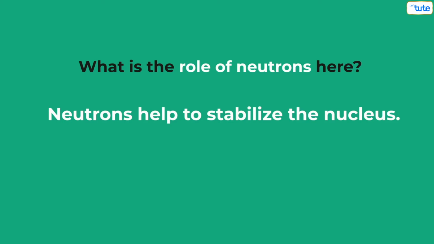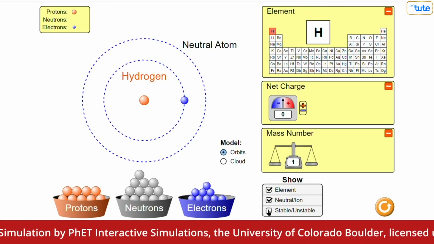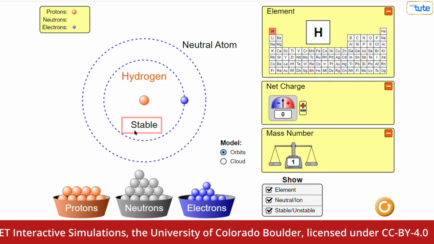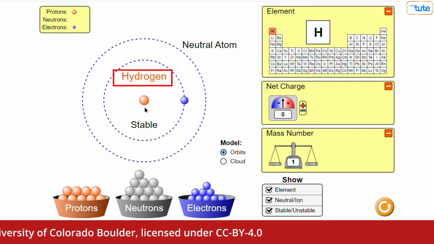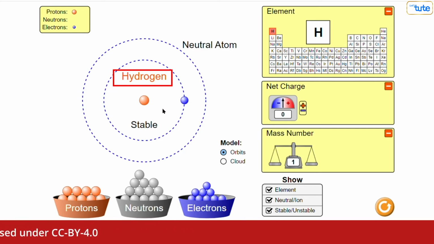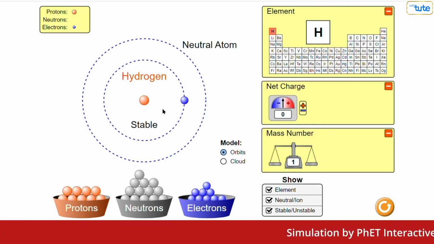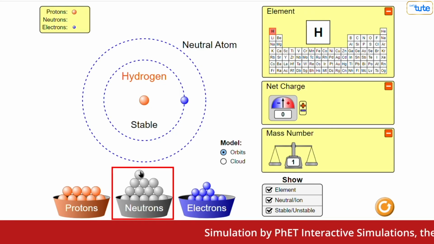Neutrons help to stabilize the nucleus. Since the nucleus in this case is stable, so hydrogen need not include neutrons. Only hydrogen is an exception, where the neutron is not required in the nucleus. Let's see what will happen when we add one neutron to the nucleus of hydrogen element.